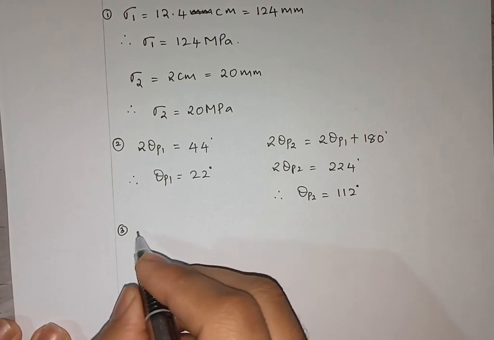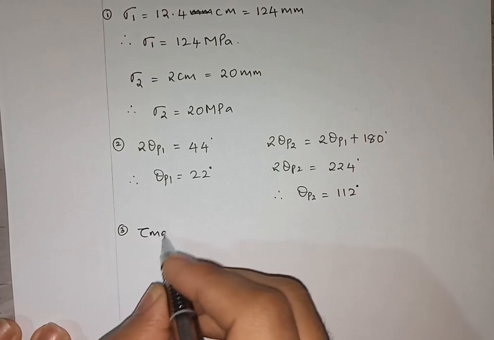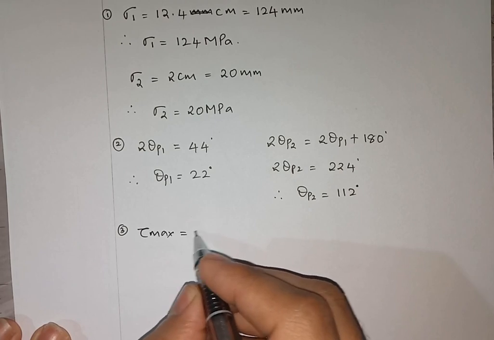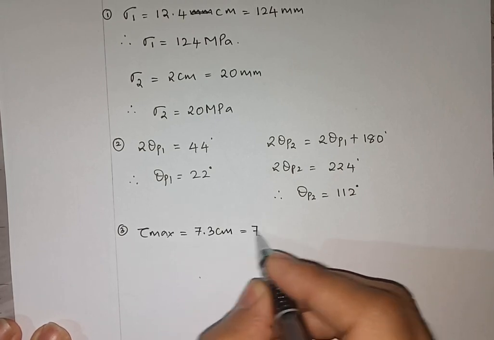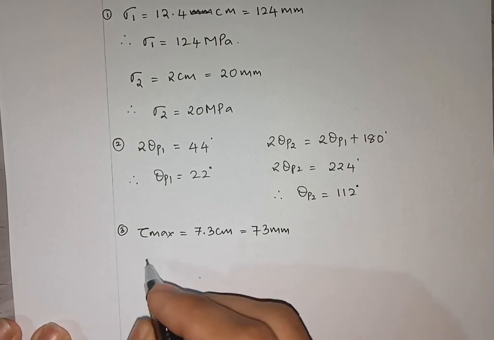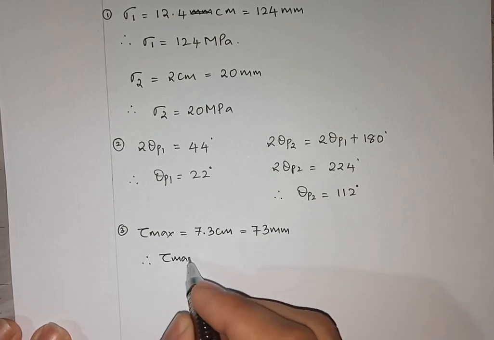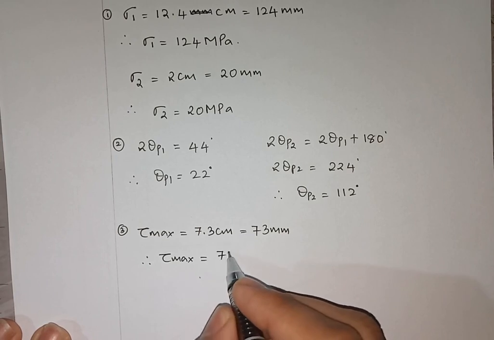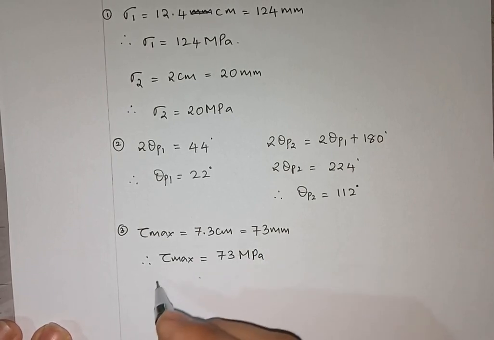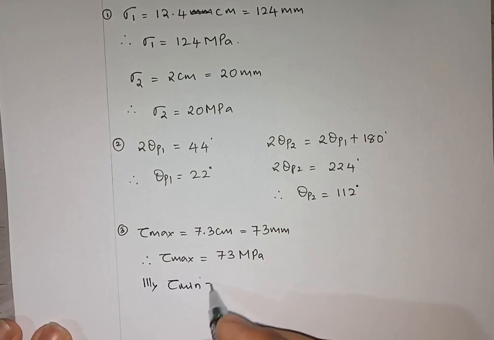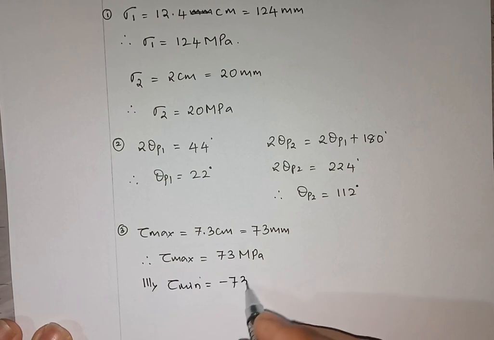Okay, so tau max was 7.3 centimeters, which was 73 mm. So therefore the value of tau max is 73 MPa. Similarly, tau minimum will be of equal magnitude but of negative sign, that is minus 73 MPa.